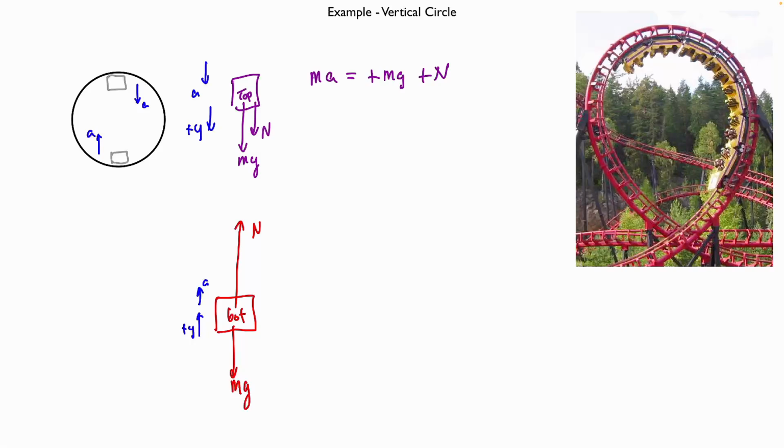You're looking at me with slightly blank stares. Yes? As you go upside down in a roller coaster, which way does the roller coaster car push on your rear end? There's only one way that you sit on a seat.